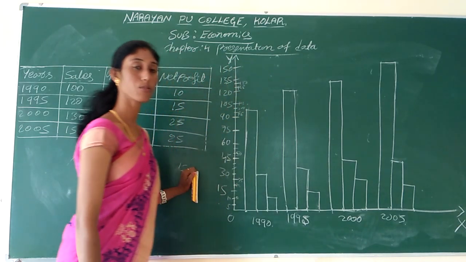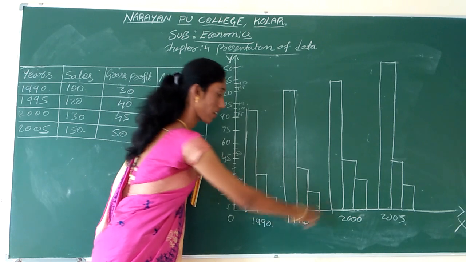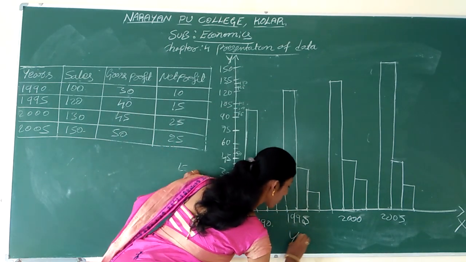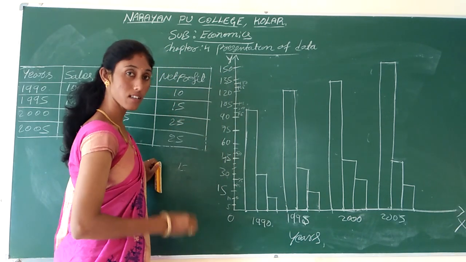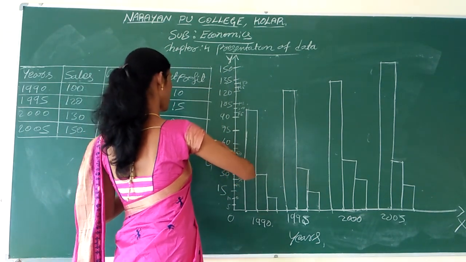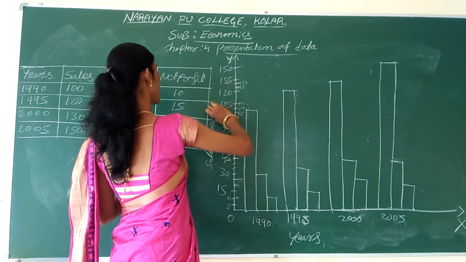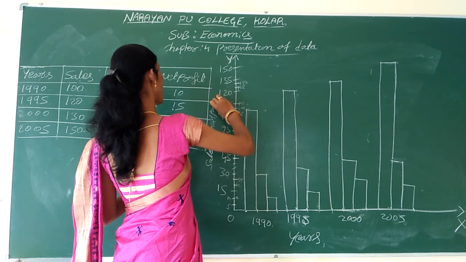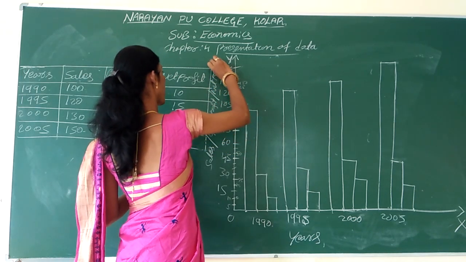This is how to draw a multiple bar diagram. Here in the x-axis we are measuring the years, and in the y-axis we are measuring the three variables. What are they? Sales, gross profit, net profit.